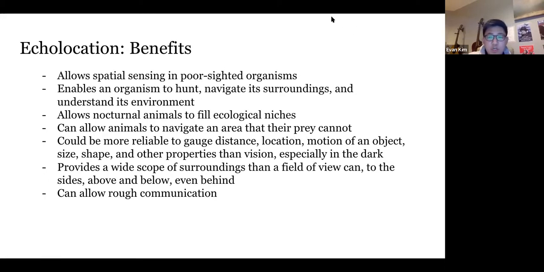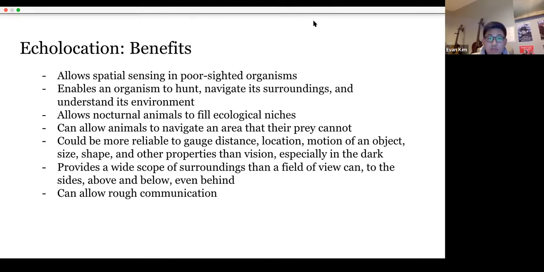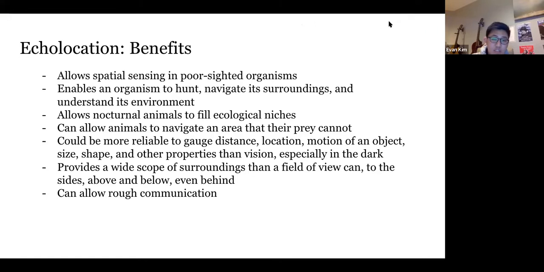So next we're going to go over some of the evolutionary or the biological benefits and downsides to echolocation. So firstly, echolocation allows spatial sensing in poor-sighted organisms. Dolphins aren't inherently poor-sighted, but no organism could really see very well through dark water.